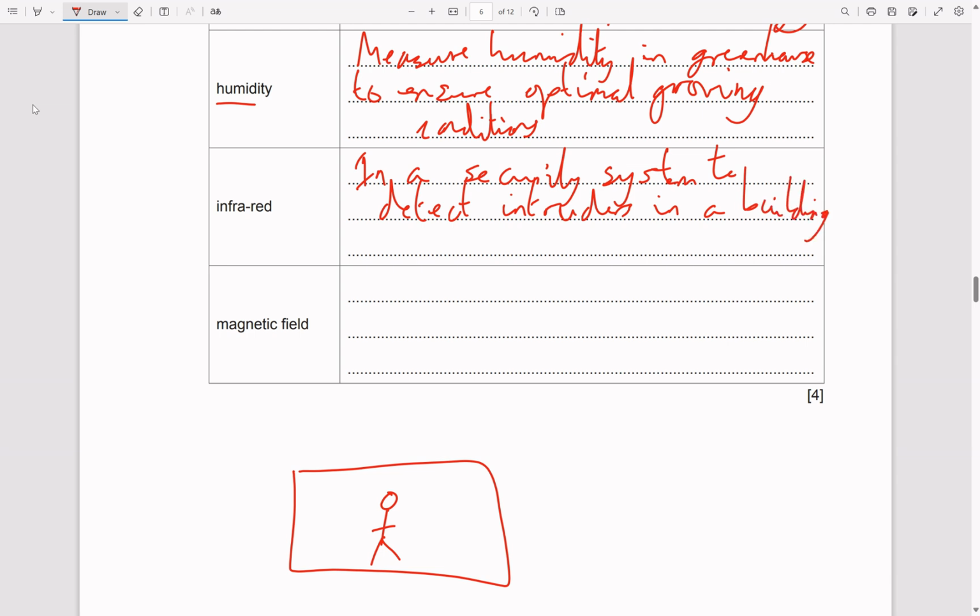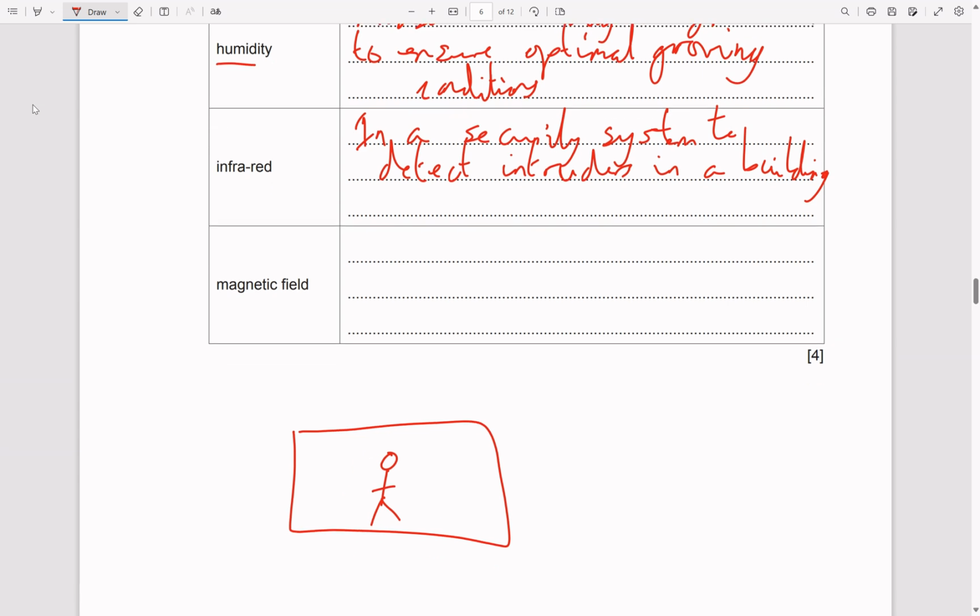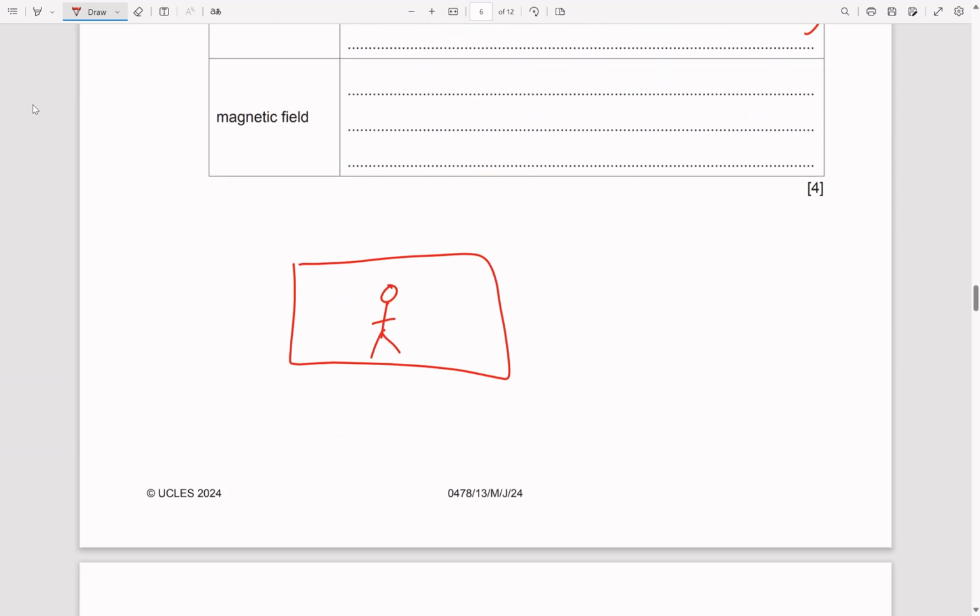Alright, and then this magnetic field, this is a super tricky one. I was struggling to think. First I thought maybe it can be used for astronomical purposes, like measuring the Earth's magnetic field, checking there are no anomalies.